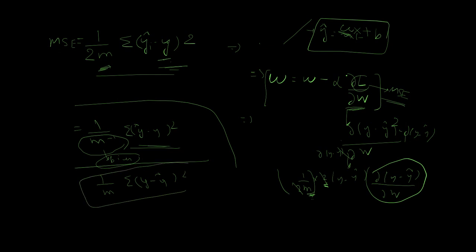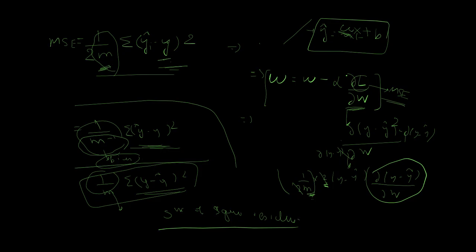In all these formulas, one thing is common, whether 1 by m minus 1 or 1 by m: the sum of squared residuals divided by the number of observations in the whole data set.